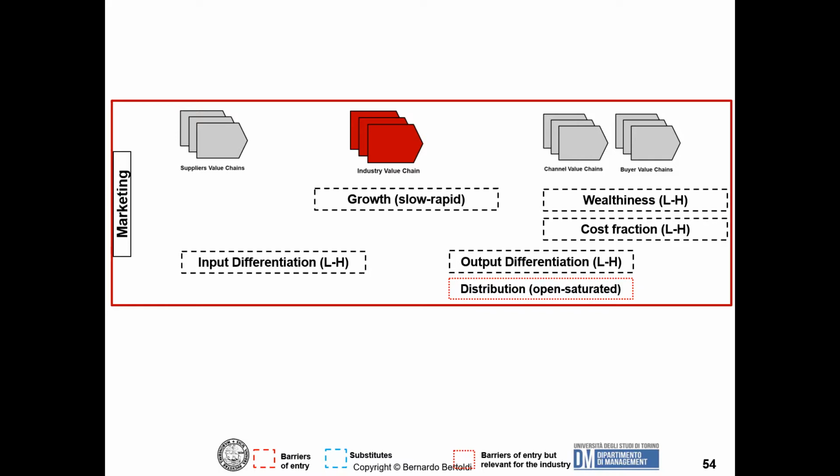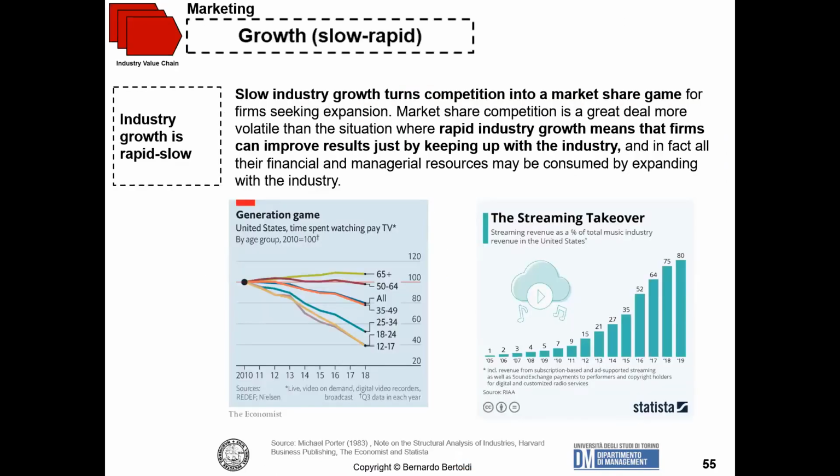This is a variable that Professor Porter inserted in the barriers of entry part of the framework, but we think that distribution being open or saturated is an important insight also for the present dynamic competition within the industry. So we add this because we think it's relevant also for the industry structure as well, and we will see how.